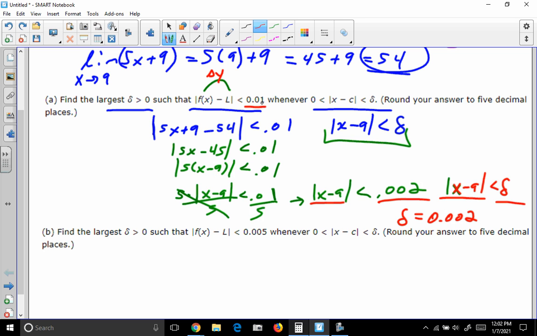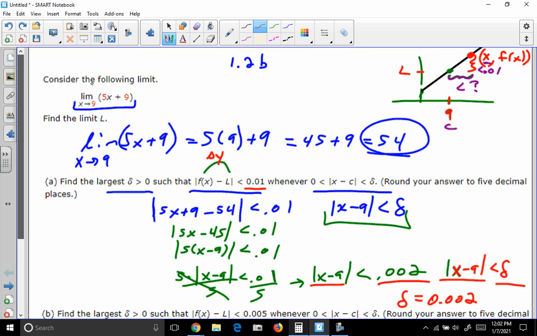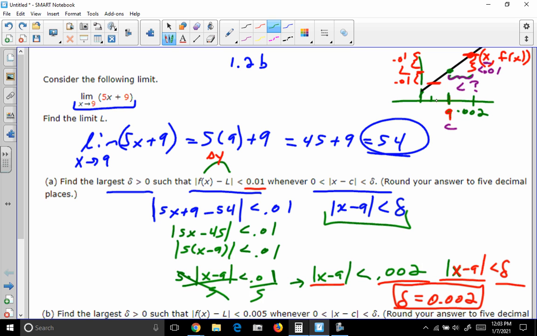If we arbitrarily pick a point that is 0.01 from the limit, either above or below it, and we are that close in the y direction, that corresponds to this distance in the x direction. So from here to here, or from here to here, those are 0.002.